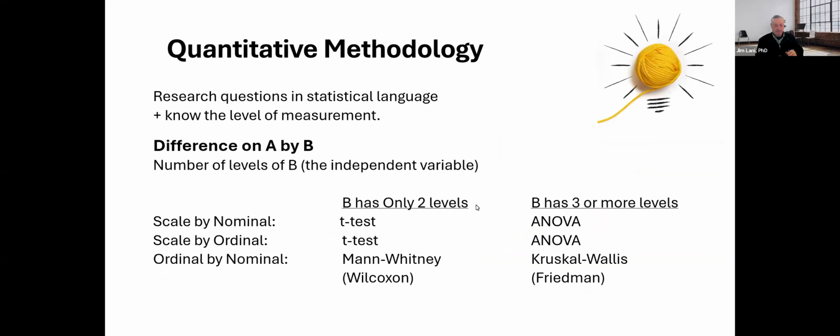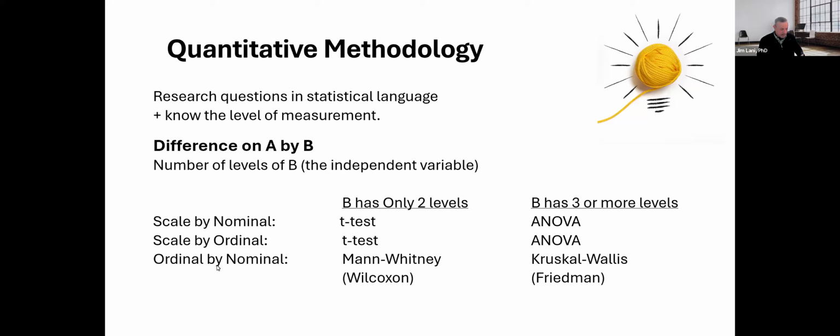Differences. Well, are there differences in program satisfaction by SES? That's a question. What's important here is the "by." By SES, the independent variable. So let's just take a few cases here.